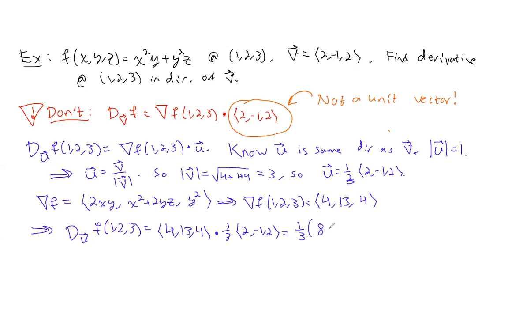So that's going to be 8 minus 13 plus 8, or in other words, 16 minus 13 over 3, or 3 over 3, or just 1. There's our answer. Our answer is that it's changing with a rate of 1 in that direction.